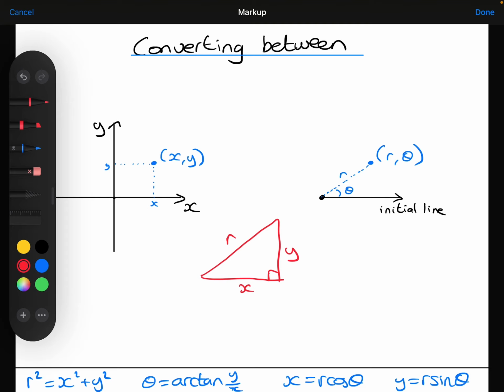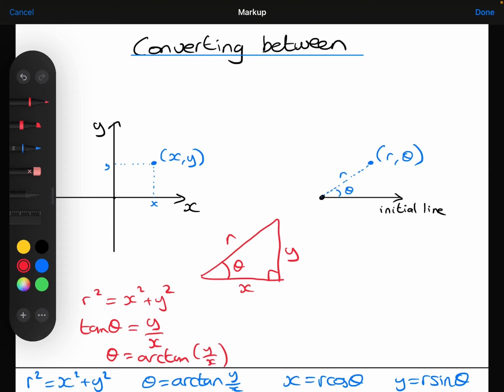To get r, I can just do a bit of Pythagoras: r squared is equal to x squared plus y squared. To get the angle, I can do some trigonometry: tan theta is equal to the opposite divided by the adjacent, y divided by x. Therefore the angle is the inverse tan of y over x.